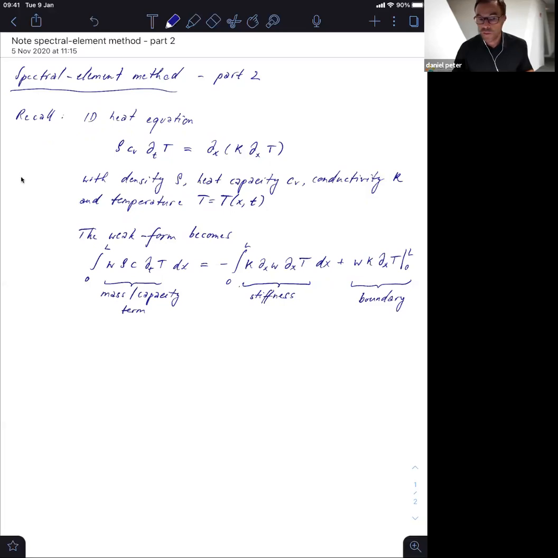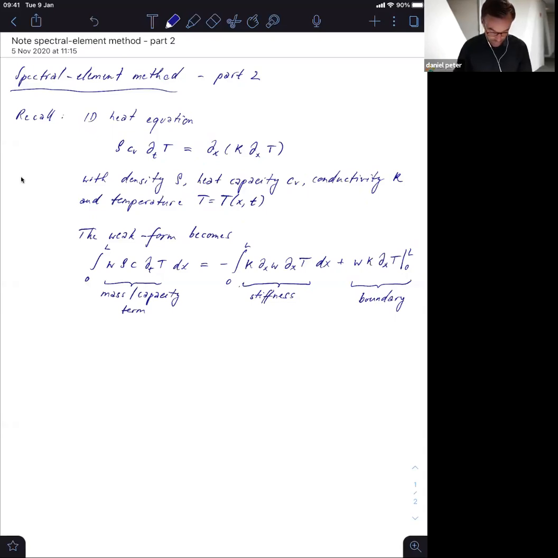And so I wrote this down already. So for the weak form, for the heat equation, that becomes this mass term or capacity term on the left-hand side. And on the right-hand side, we have the stiffness term and the boundary term. So that is clear so far?